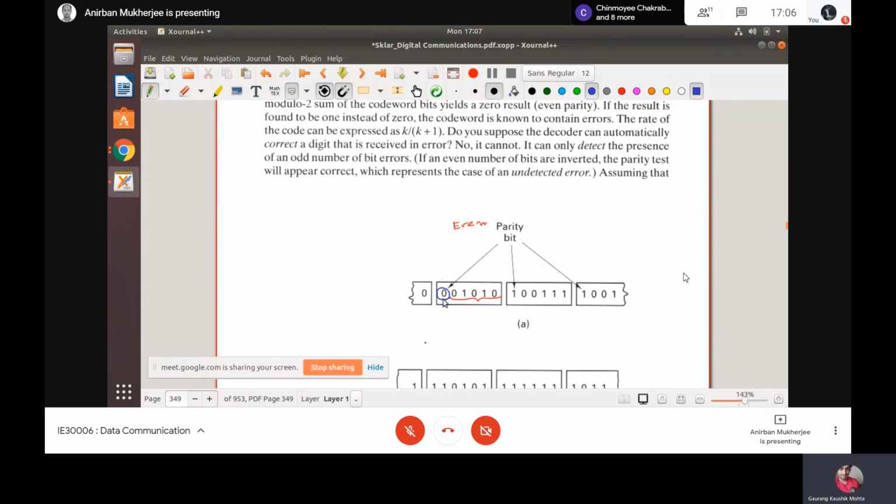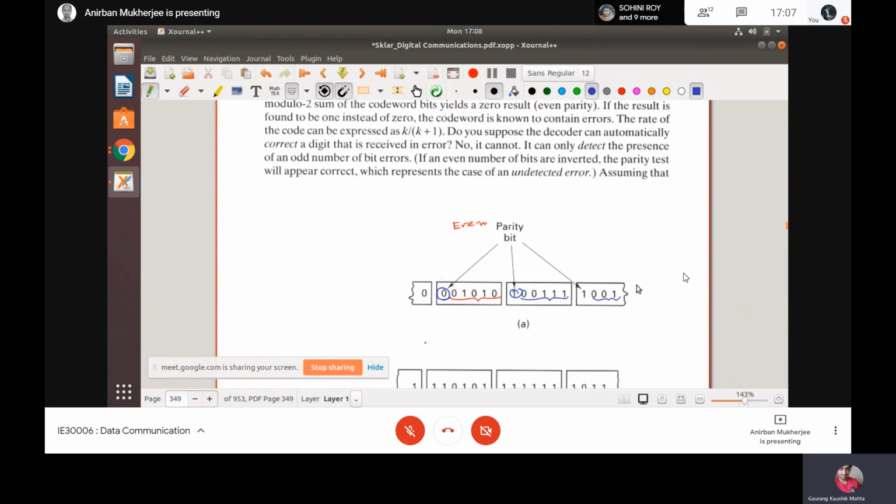0. Now in this case, you see there are 3 ones present. So you have to add 1 so that you have 4 ones. So that is an even number of ones. Similarly, here I have only this block.